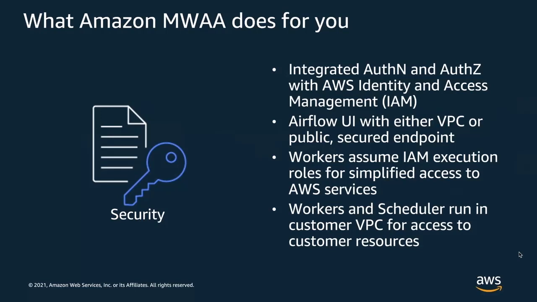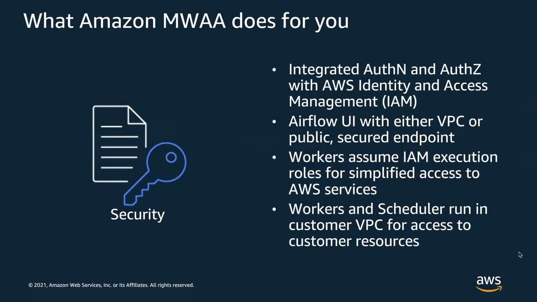Now, Airflow runs inside of a virtual private cloud, or VPC, and I'll talk more in depth on this in a moment, but what it means is that from a network perspective, you have a ton of great controls at your fingertips, a number of different ways that you can provide or restrict access at the networking layer.